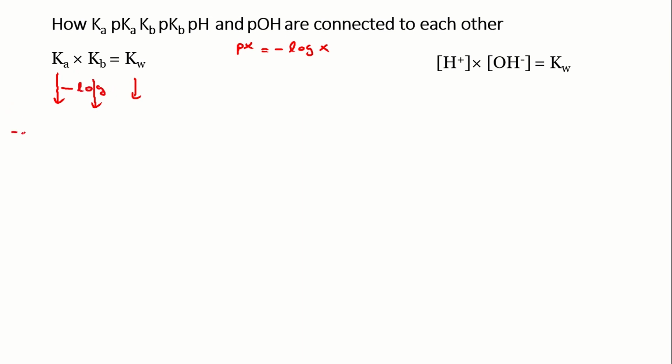So negative log Ka, and we have the multiplying sign which becomes a plus when we convert this whole equation into log terms, and you have Kb, take the negative log of Kb, and you have Kw, take the negative log of Kw.